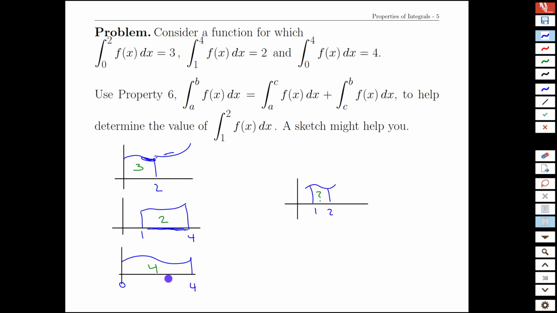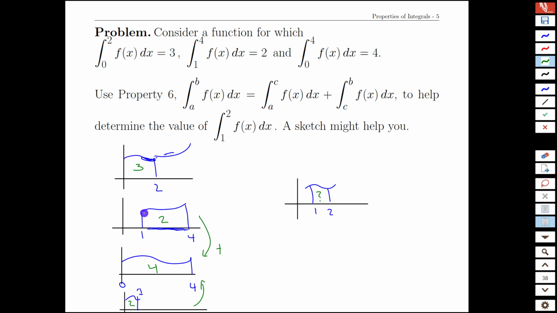I think, though, if we look at the comparison between 0 to 4 and 1 to 4, we can take one minus the other and figure out the interval from 0 to 1. If it's 4 for this whole interval, but 2 from 1 to 4, then there also must be 2 on this first interval, because these two together, when we add them, have to add up to 4.